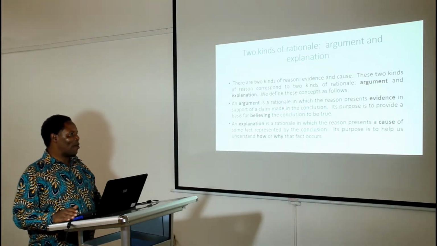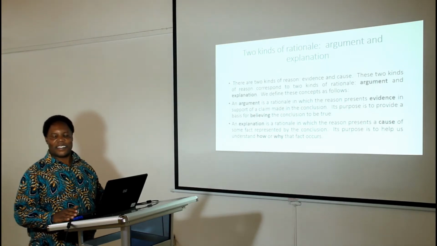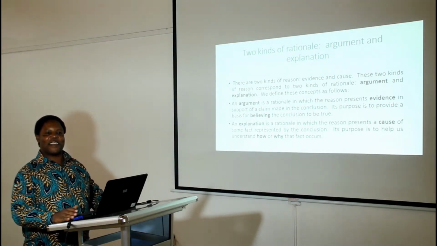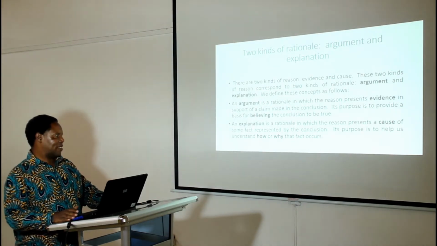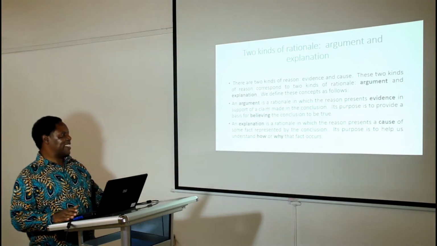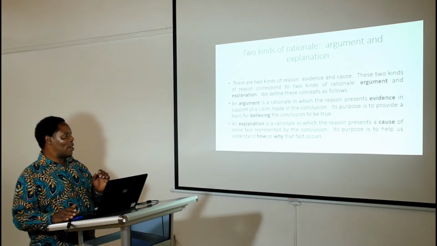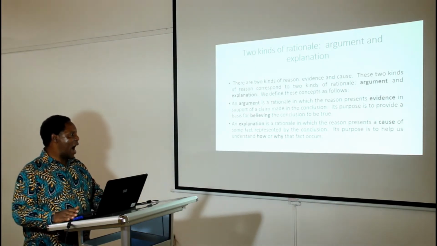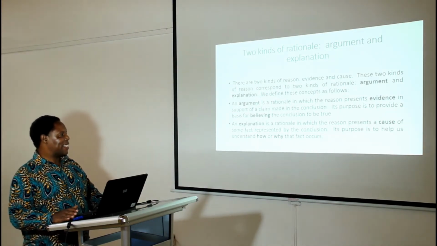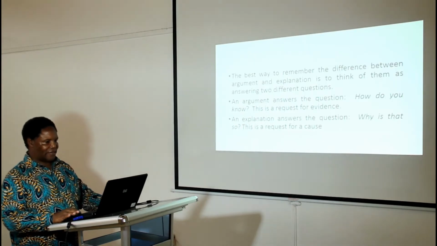Again, the cause supports an evidence. In order to find an evidence, first you must have a cause, and this will be represented by the conclusion. Its purpose is to help us understand how or why that fact occurs.